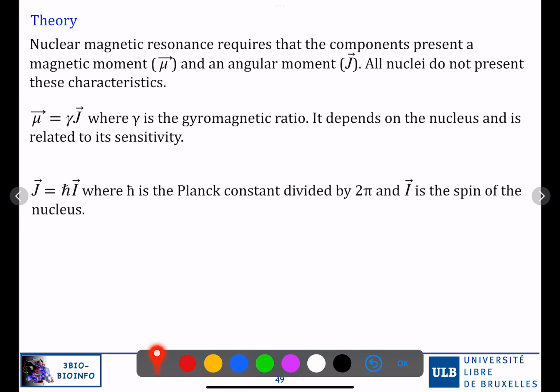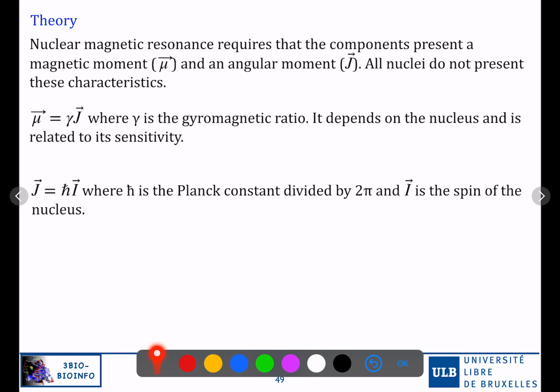So now we will see some theoretical aspects of NMR to understand the logic of the technique. First, in the case of nuclear magnetic resonance, you need that the components of the sample, the molecule, present a magnetic moment and an angular moment. The magnetic moment is a vector.